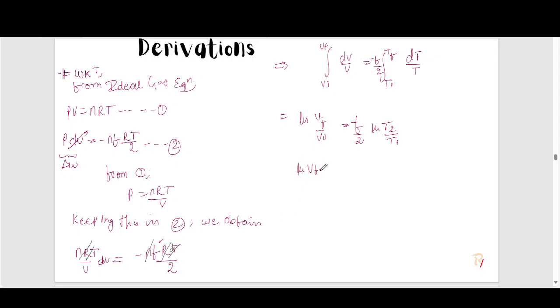Taking ln of Vf by Vi, it will go to the exponential: ln of Vf by Vi equals ln of T2 upon T1 over minus f by 2. Here we can cancel these both. Coming to the next slide.